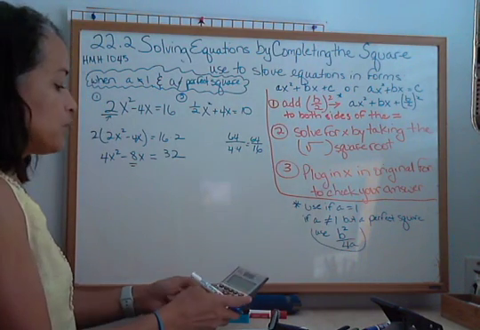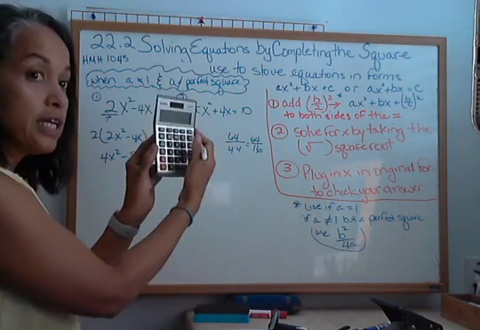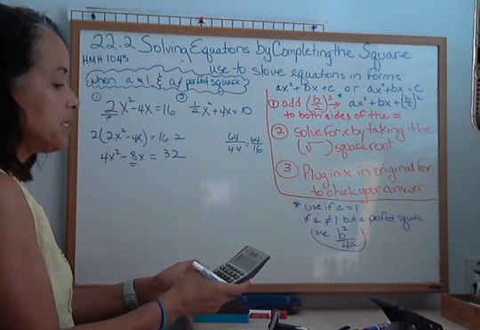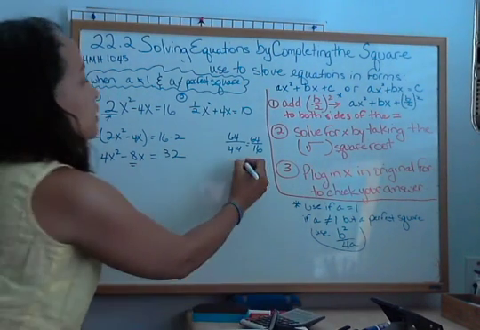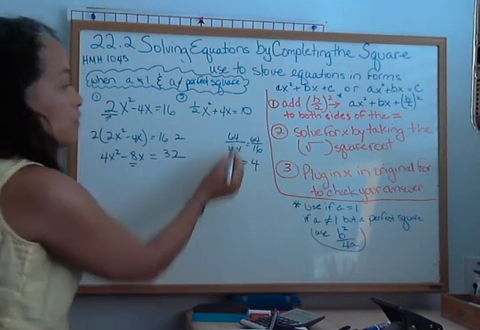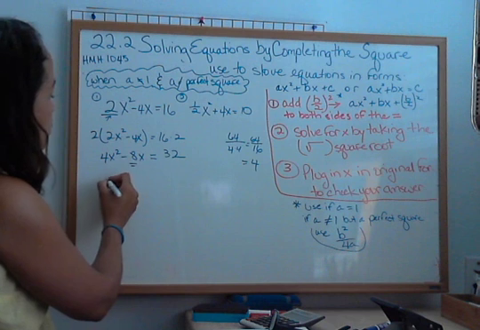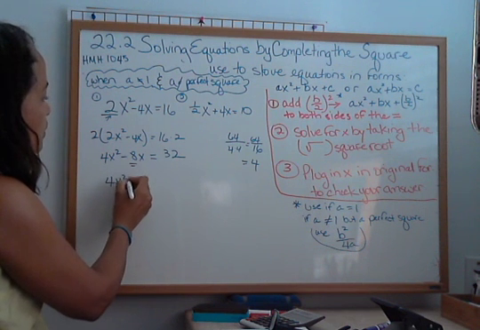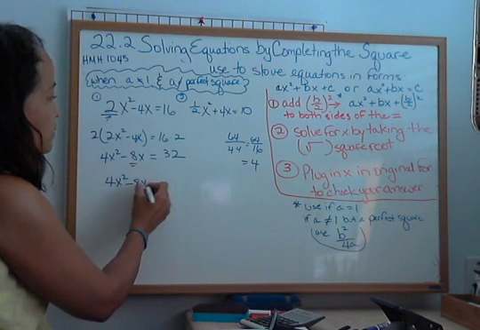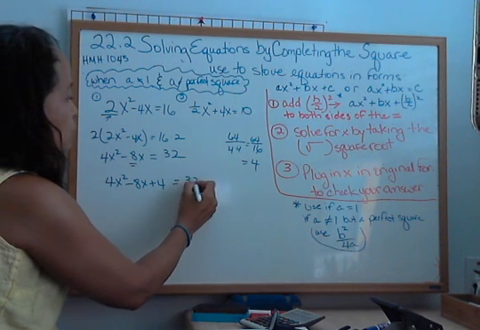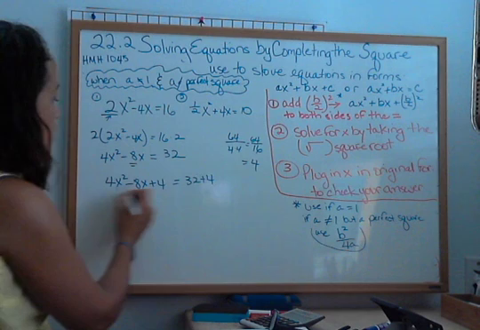And if you are not sure, here's your trusty calculator. 64 divided by 16, your answer is going to be 4. You could have also simplified here. So I'm going to add 4 to both sides. 4x squared minus 8x plus 4 is equal to 32 plus 4.